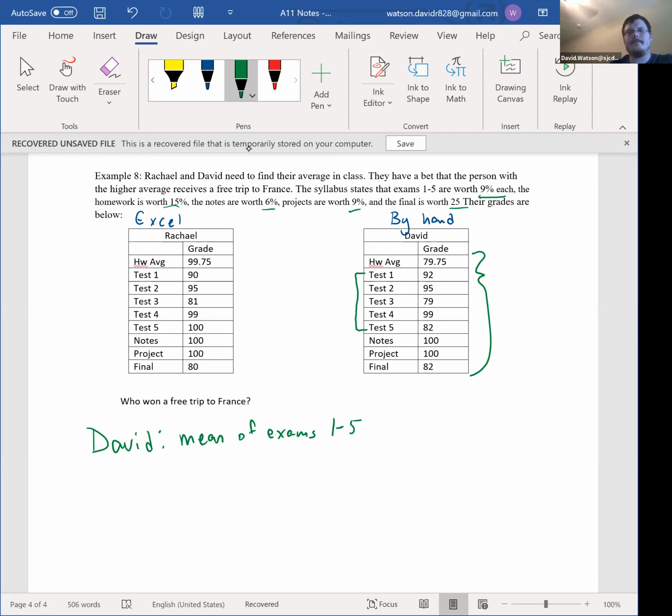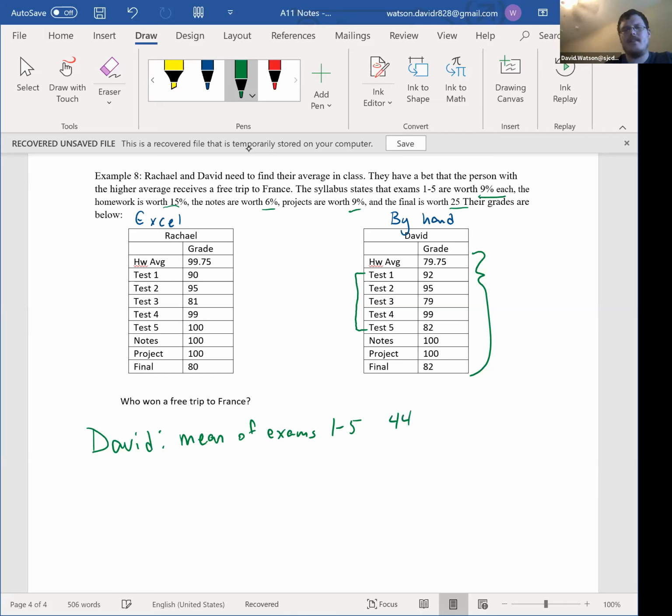All right, so to do that, we're going to add them all up. So 92 plus 95 plus 79, because Rachel's mean and wanted me to get a C on a test, plus 99 plus 82. So that gets us 447.